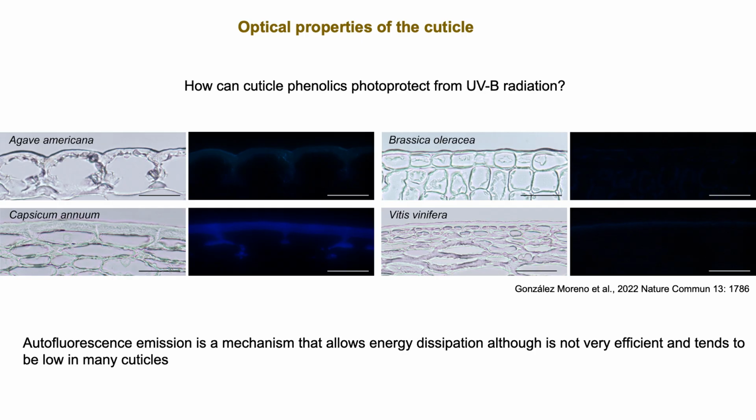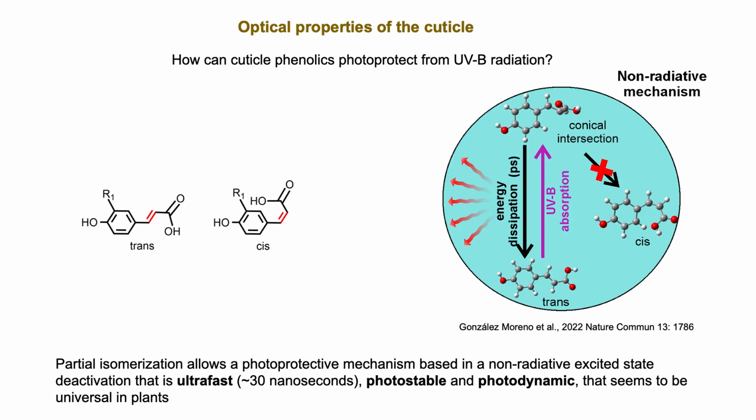Actually, fluorescence is not the main mechanism of photoprotection that plant cuticles have. And which one is this mechanism? Well, remember that double bond? That is the key. When the molecule absorbs light, usually UV light, this double bond gets weak and is able to move into a different position.